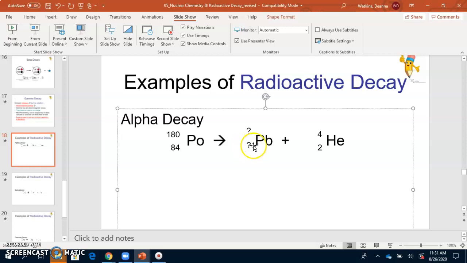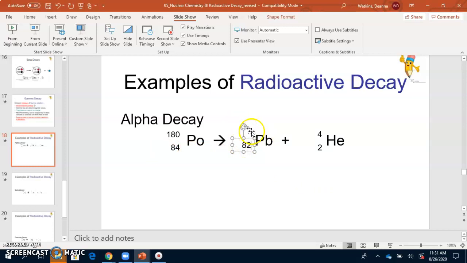In this problem, we know that we are going to lose 2 protons. If we start with 84 protons and we lose 2 protons, what number are we going to be left with? 84 minus 2, which is 82. So that is how you complete the bottom number.